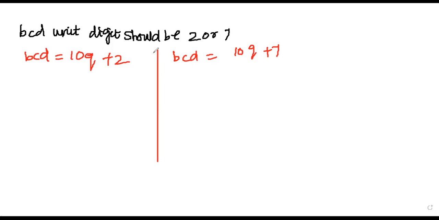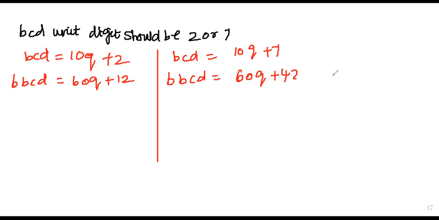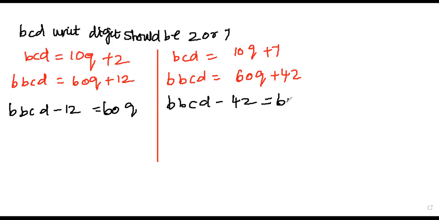So we know 6BCD, right? Which means you just have to multiply both sides by 6. So this becomes like this, and here it becomes like this. Okay. So from this you can say 6BCD minus 12 is equal to 60Q, and 6BCD minus 42 is equal to 60Q.